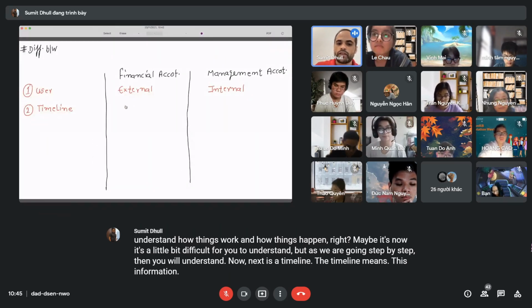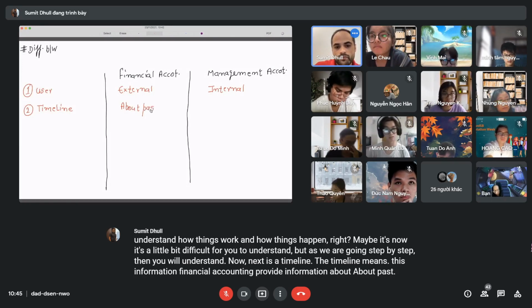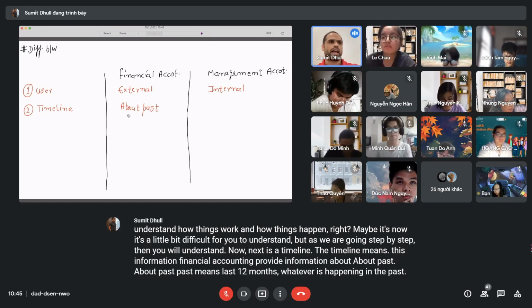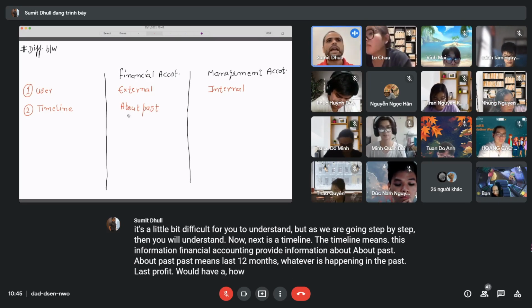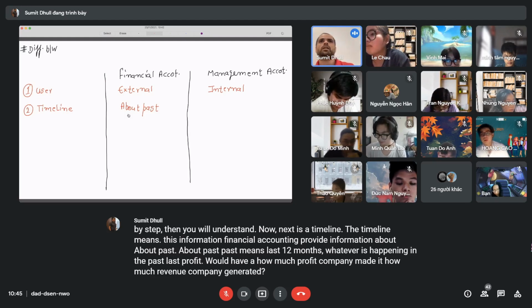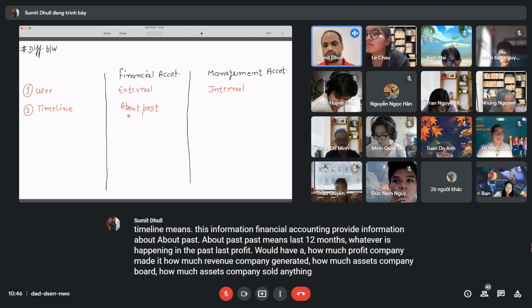Financial accounting provides information about the past. Past means the last 12 months. Whatever has happened in the past, last profit, how much profit the company made, how much revenue the company generated, how many assets the company bought, how many assets the company sold, anything about the past.